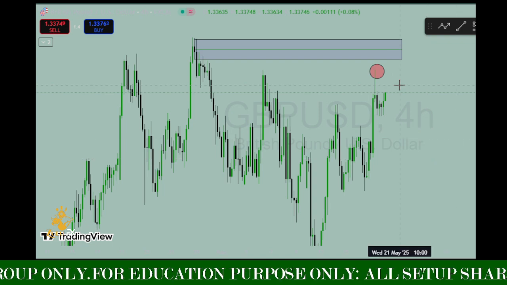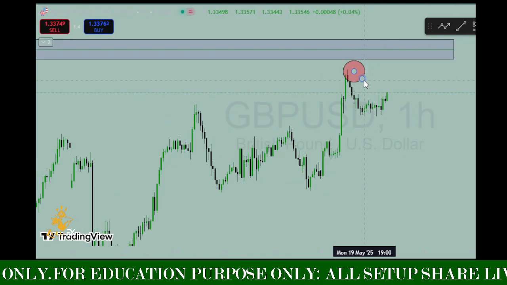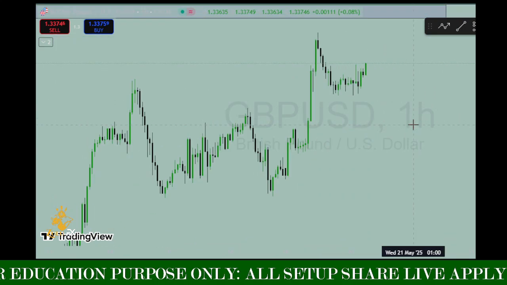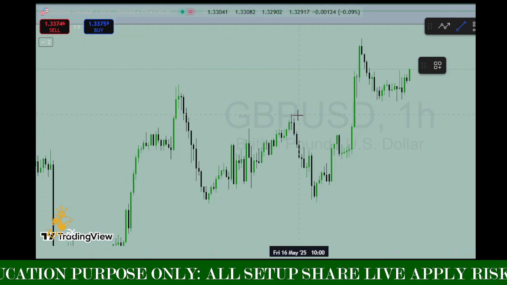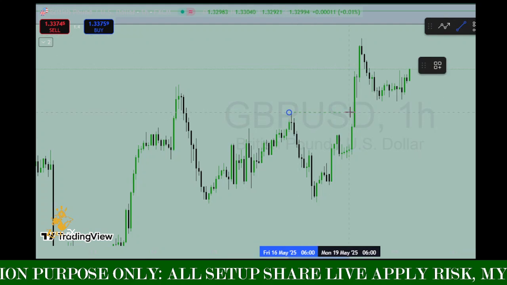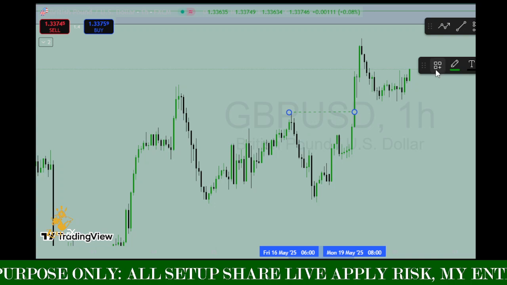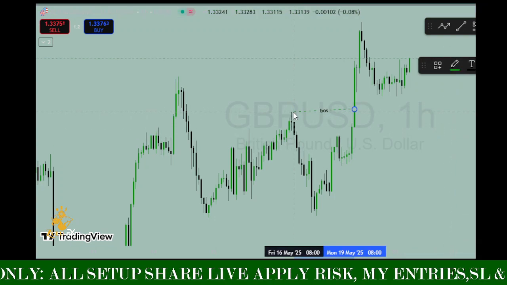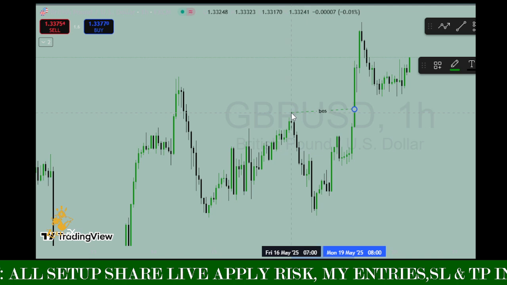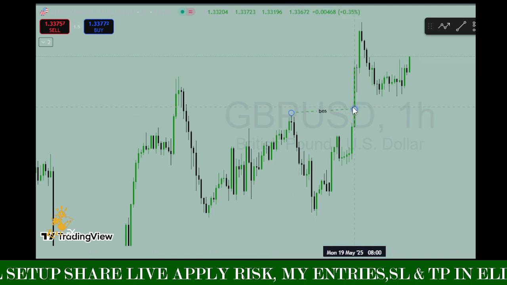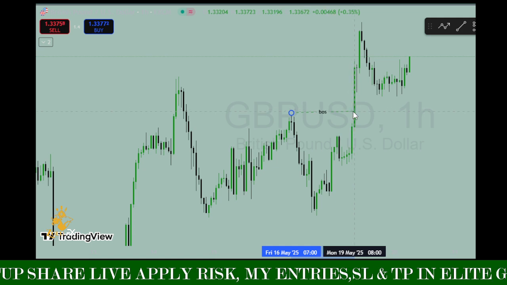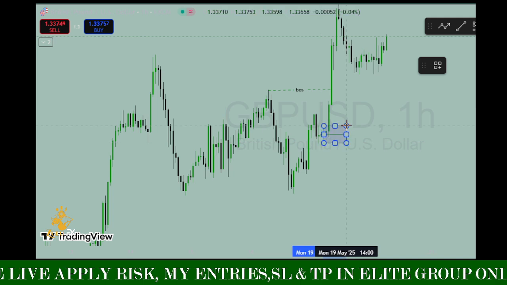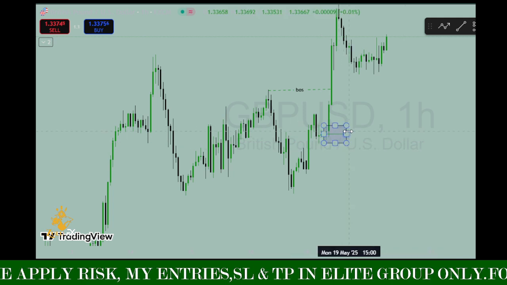Okay, let's go to the 1-hour time frame, so you can see something different. From here we do have breaks in this market. We do have this break here. Just mark that break. And then we do have these zones. These are order blocks.